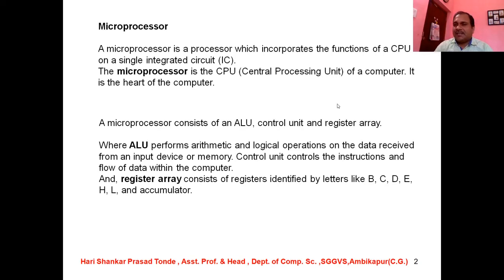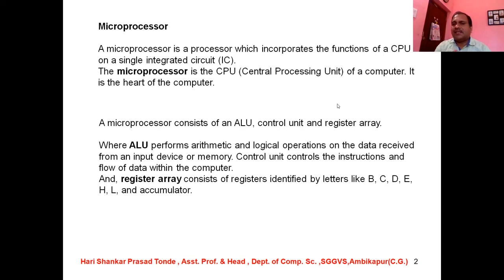A microprocessor is a processor which incorporates the function of a CPU on a single integrated circuit, means it is an IC. As you all know, various types of integrated circuits are available within microprocessors, which gives rise to the fast execution of the processor.